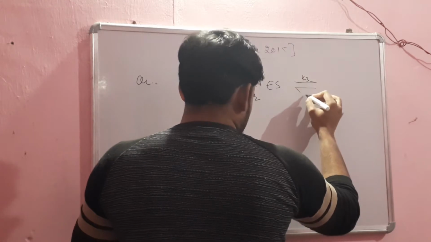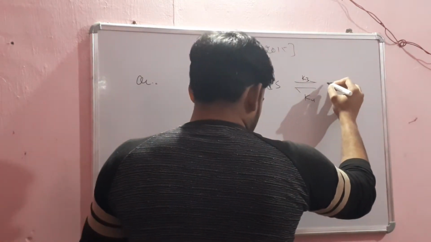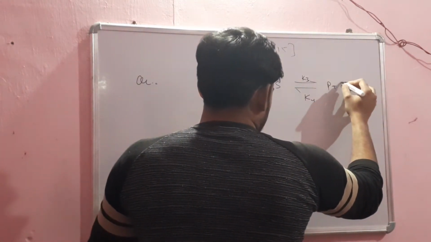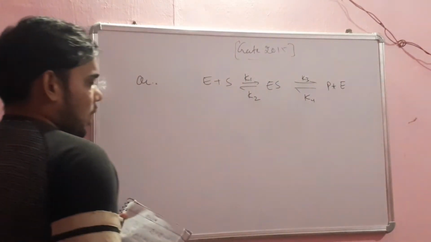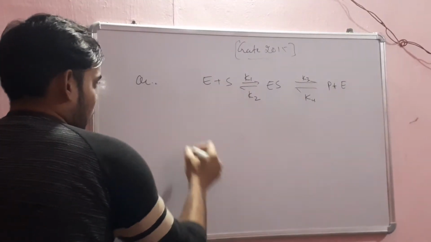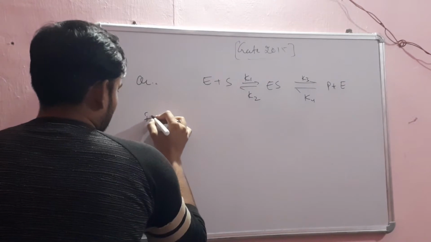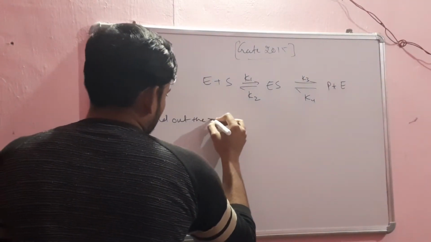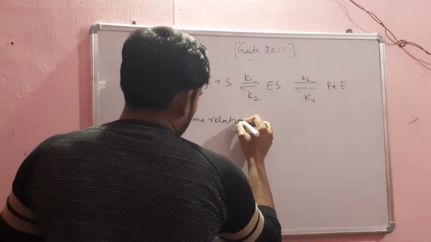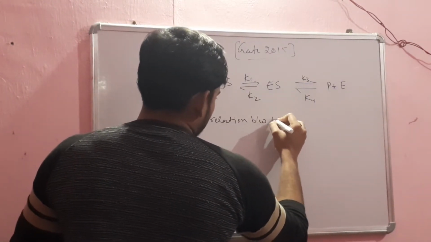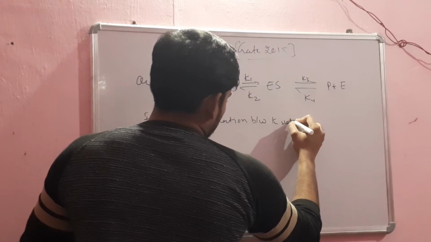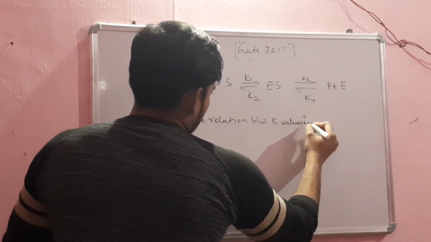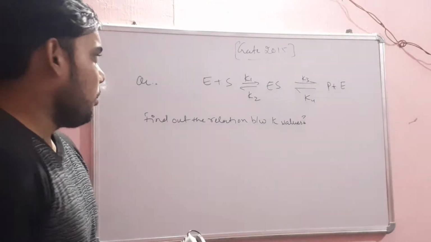and we have constants like this, and we have to find out the relation between these k values. So what is the relationship?